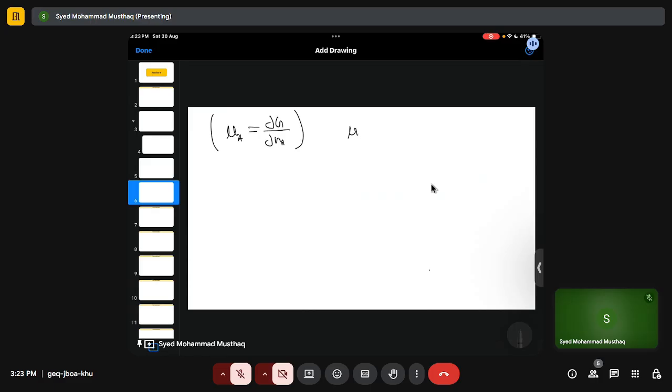What is the chemical potential of B? ∂G/∂N_B. So this is G total, or G final. I can write it like this: dG total equals chemical potential of A times dN_A plus chemical potential of B times dN_B.